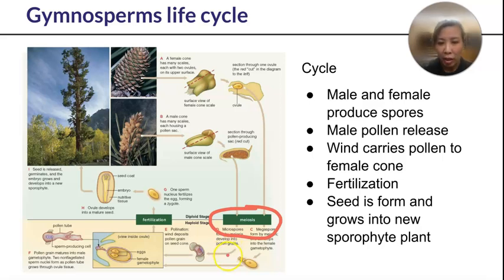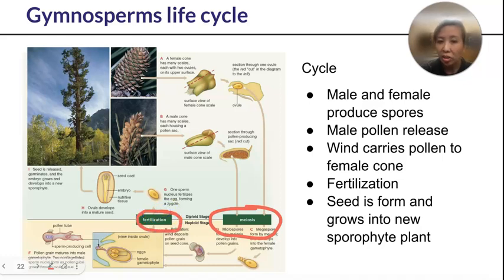The pollen grain is going to be carried by the wind, and the wind will then deposit this pollen grain onto the seed cone. So here you have the pollen grain depositing onto the seed cone. This results in fertilization.